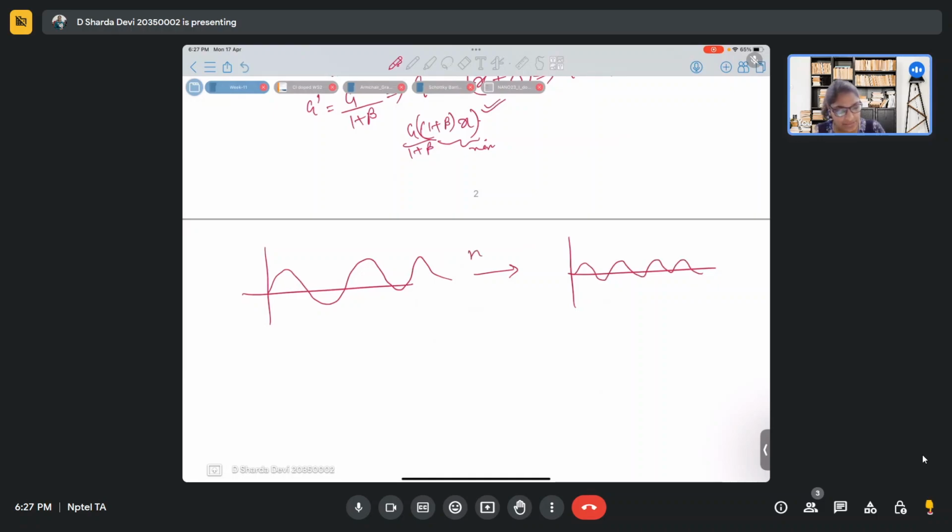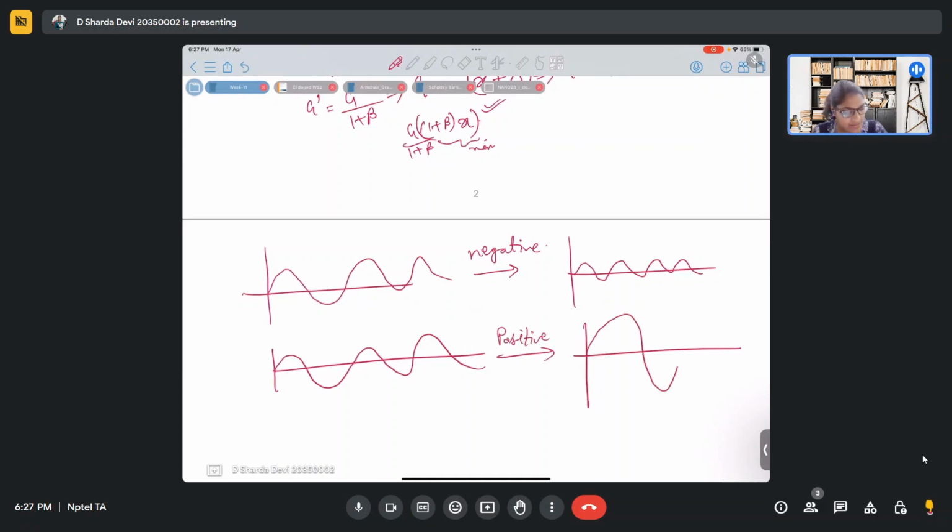But in a positive feedback system, it will increase my amplitude, so the gain actually increases. Earlier, if the gain was G, it becomes G/(1+beta) for the negative case, and G/(1-beta) for the positive case. So it will basically increase the gain.